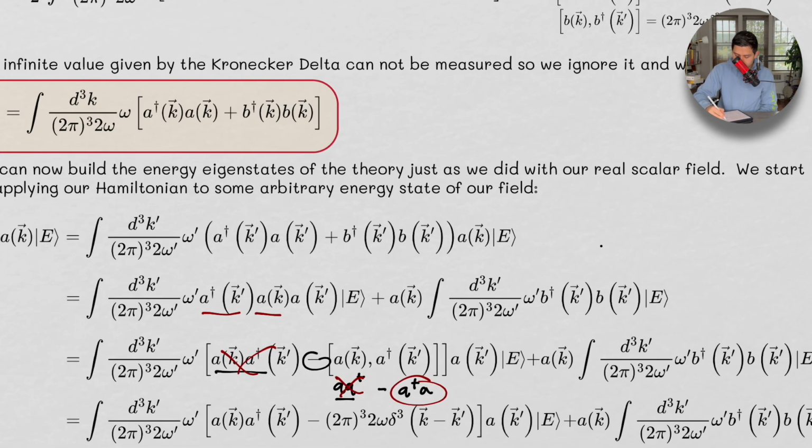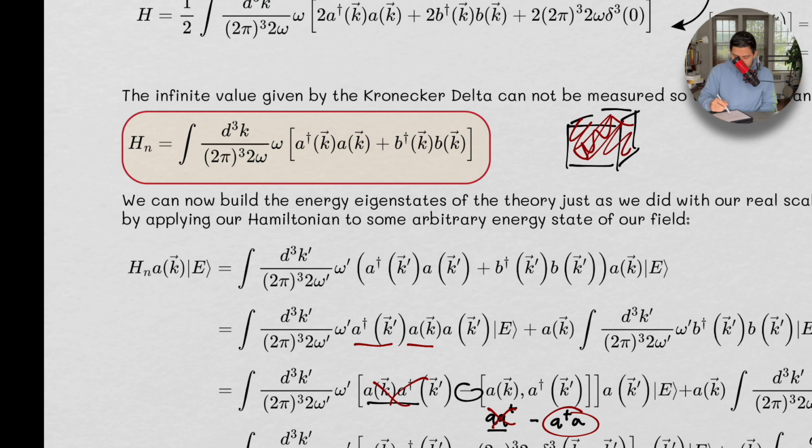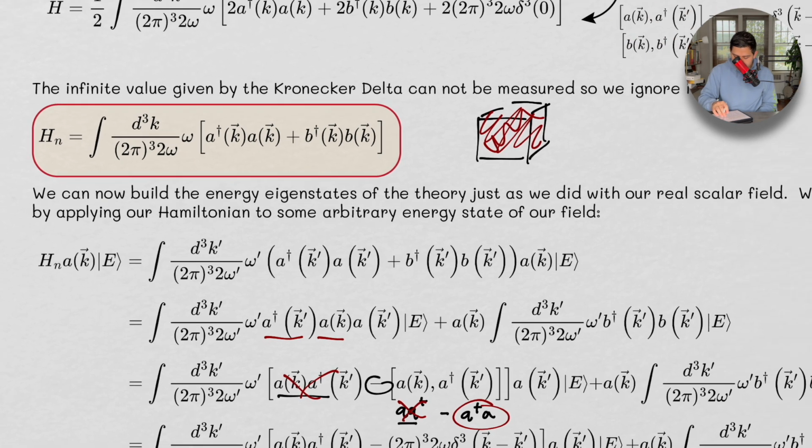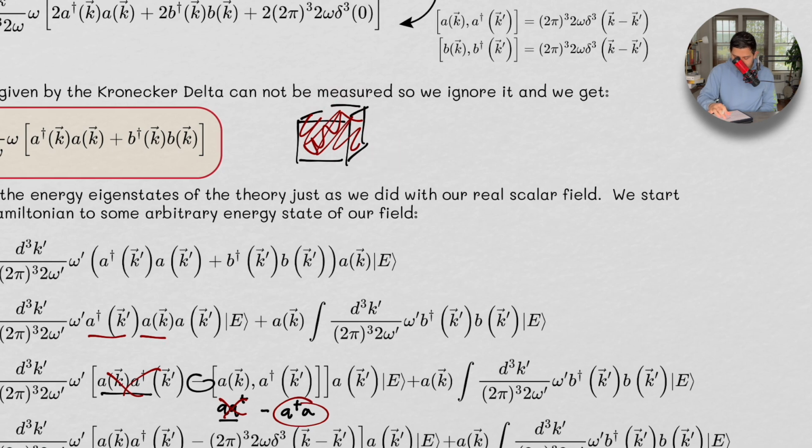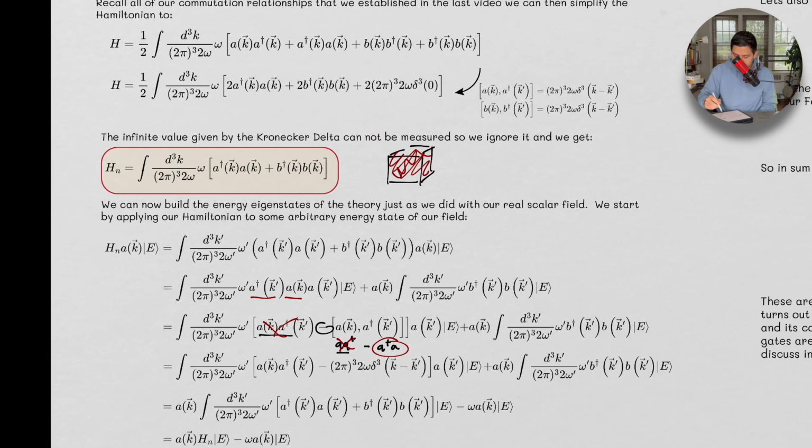So we integrate over some volume of our field, and our field is inside this volume. And our field has these things in here. If we know what these things are, we integrate them over our field, we multiply by this frequency here, and we get the energy of our field inside this volume.